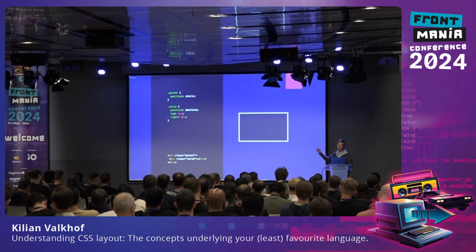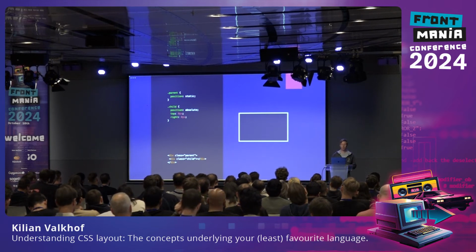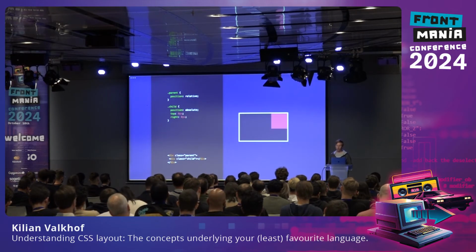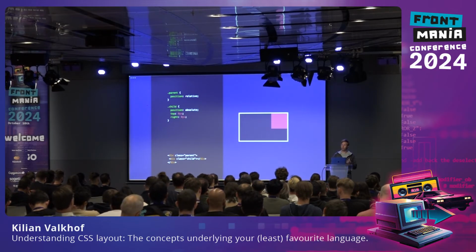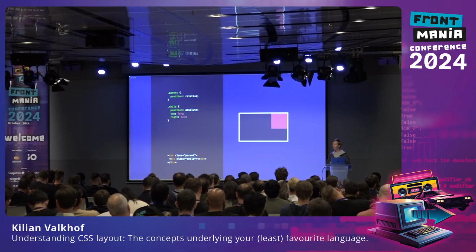So you can see here that I've set a top for my child, and that top is in relation to the body, because that's the closest offset parent. But if I then add positioning to the parent element, that becomes the offset parent, and because it's closer to my child element, it becomes the offset parent. And now the top sits on top of the parent element and no longer on top of the body.